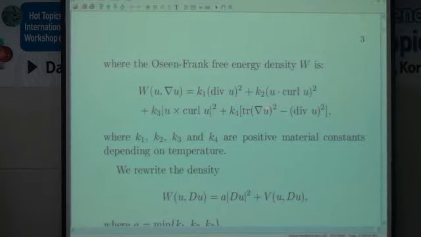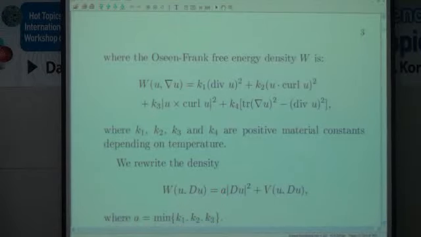And if you do integration, because this is a divergence term, if you derive the Euler-Lagrange equation, this term has no effect. So in this case, we can rewrite the density like this.